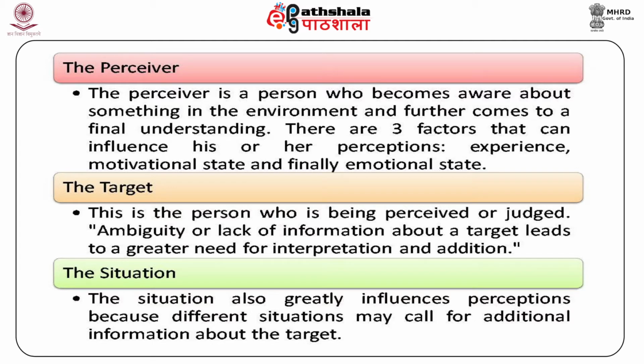This is the person who is being perceived or judged. Ambiguity or lack of information about a target leads to a greater need for interpretation and additions. And the third factor here is the situation. Situation also greatly influences perceptions, because different situations may call for additional information about the target. When a perceiver focuses on something, he or she may start giving meaning to the events around them for detailed understanding.